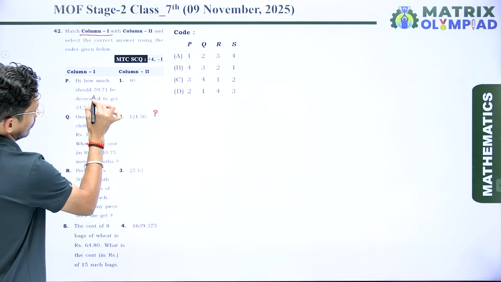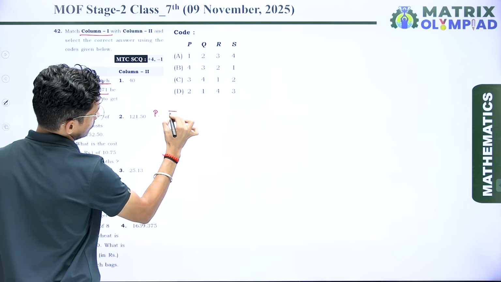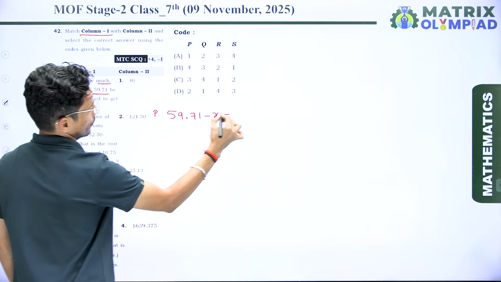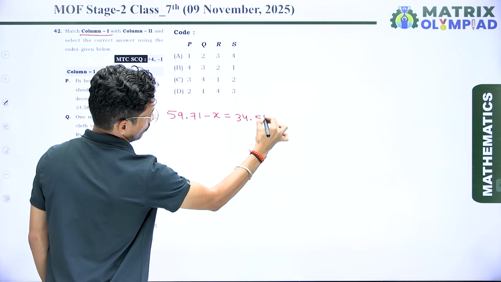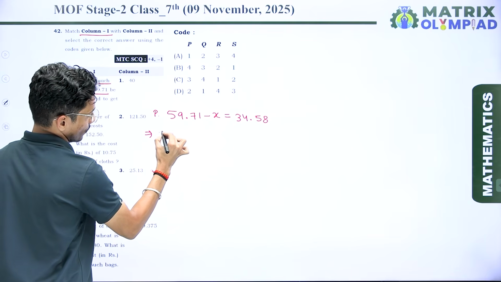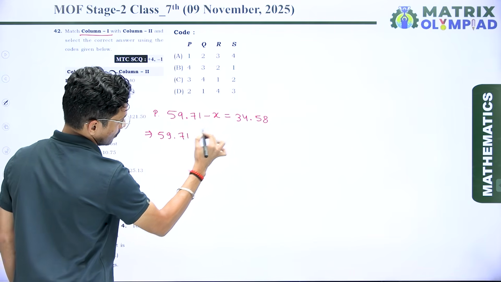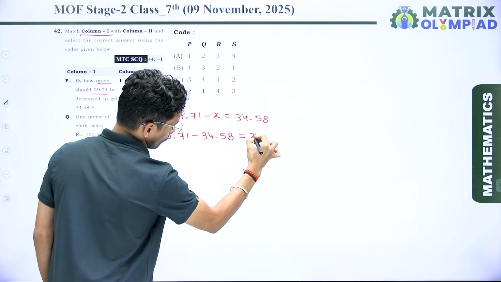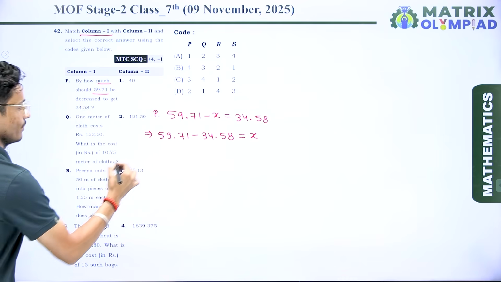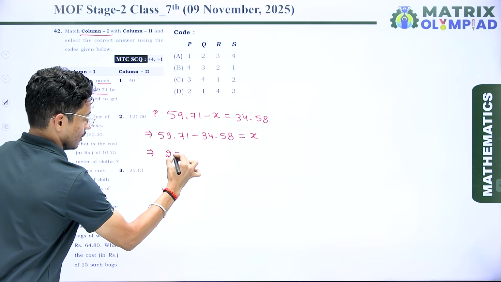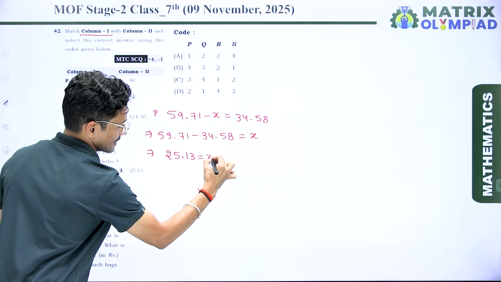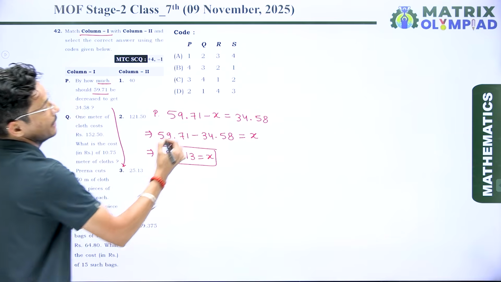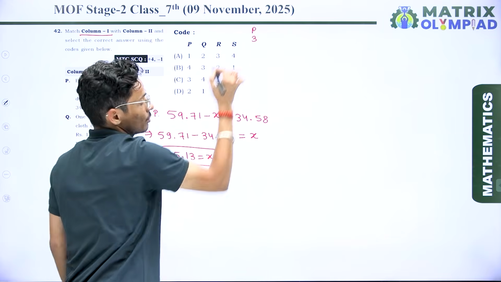So I can write here 59.71 minus 34.58, which is equal to X. Okay, so when we simplify it, we get answer that is 25.13, which is equal to X. It means P is connected to 3.